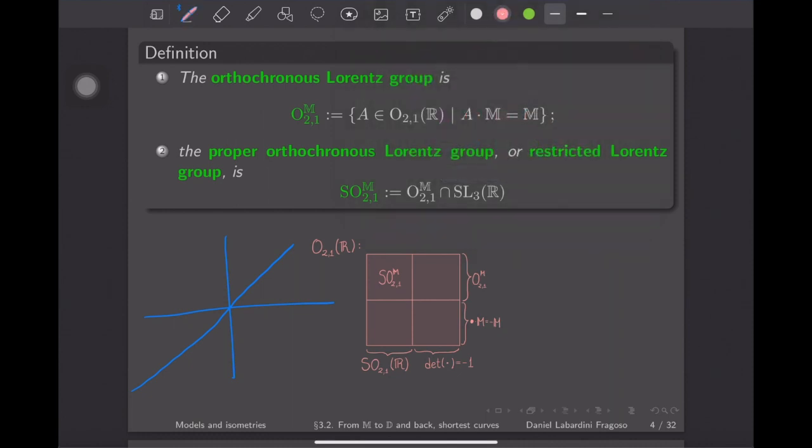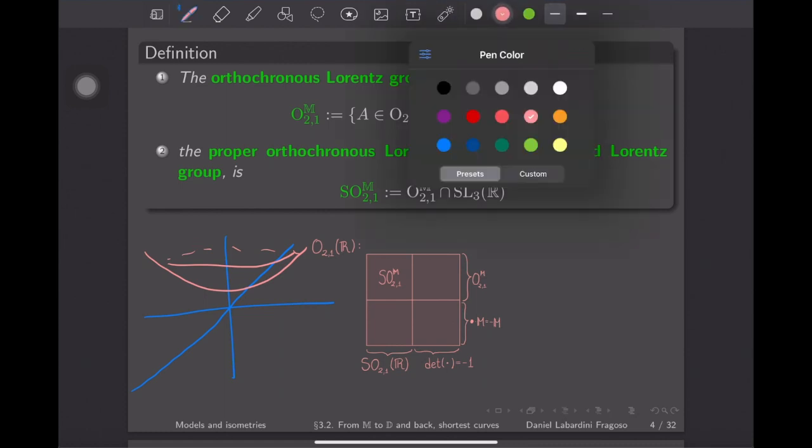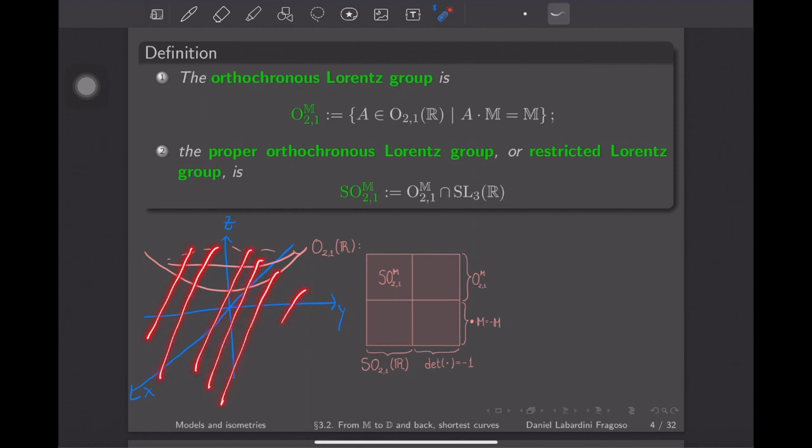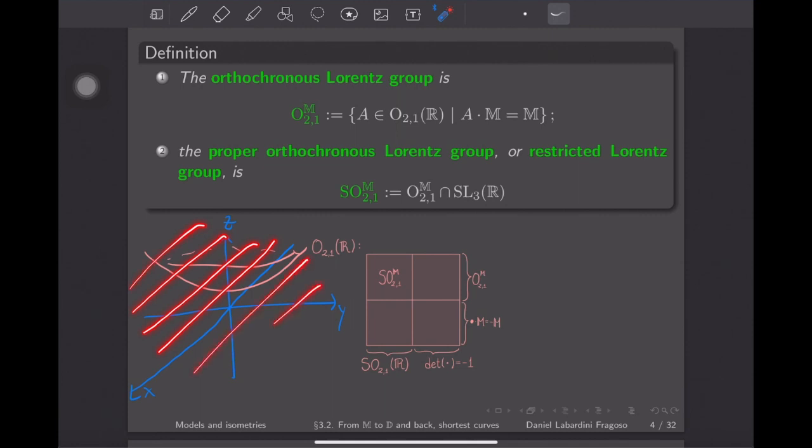Again, let me draw the upper sheet, with axes x, y, z, and now consider the plane xz, and simply reflect through the plane xz.